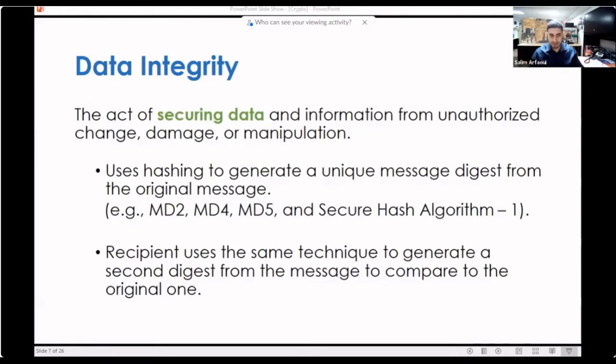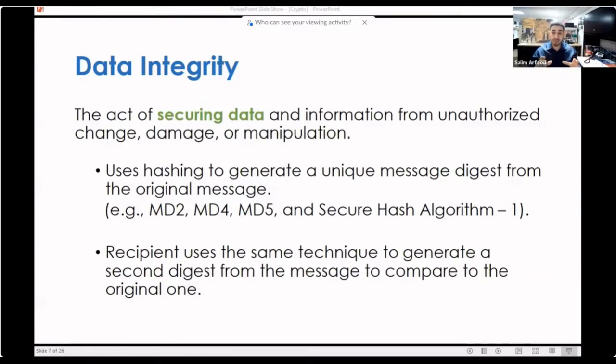A better description is that information cannot be altered in storage or in transit between the sender and the intended receiver without the alteration being detected. So if any change has happened to the data, the goal of cryptography is to detect that change. And hash functions, when we say hash functions, we're talking about cryptographic hash functions.